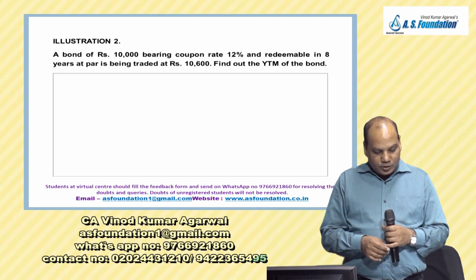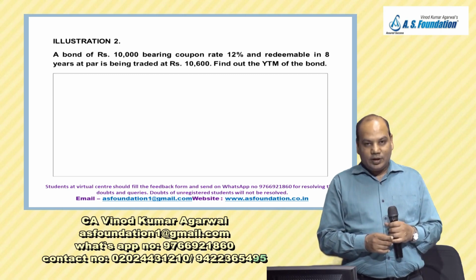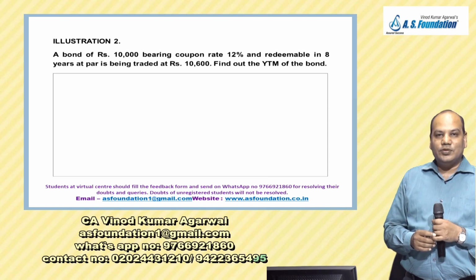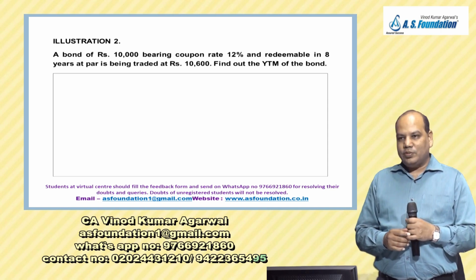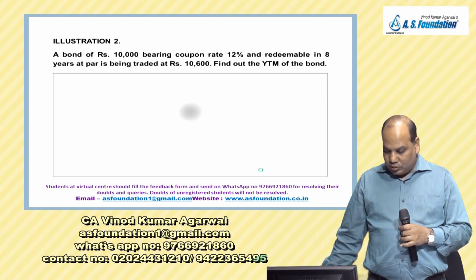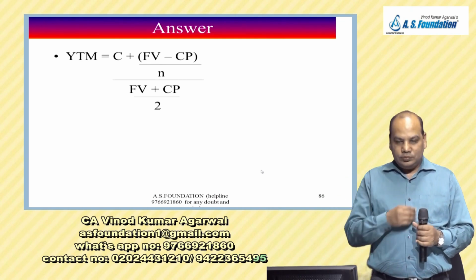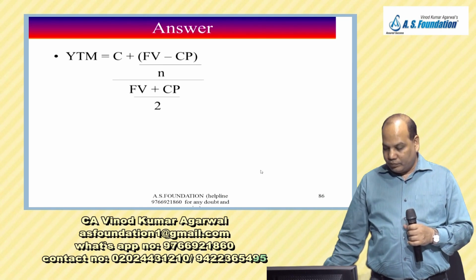A bond of rupees 10,000 bearing coupon rate 12% and redeemable in 8 years at par is being traded at rupees 10,600. Find out the YTM of the bond. This YTM formula first you write down if you know. Write the YTM formula.